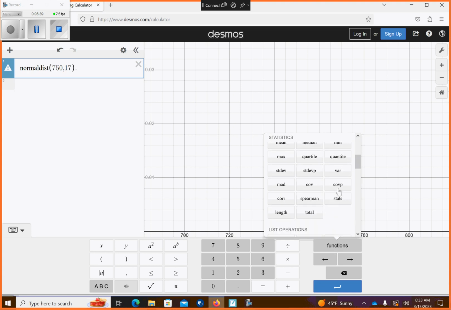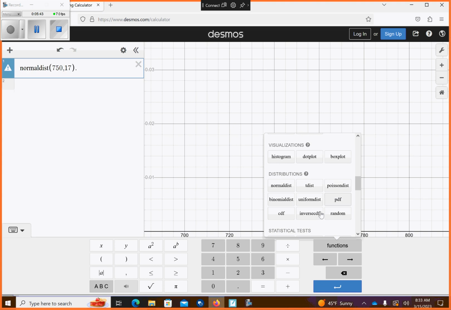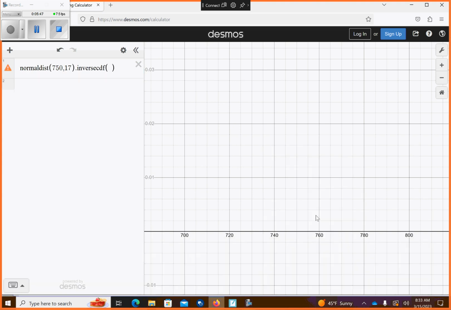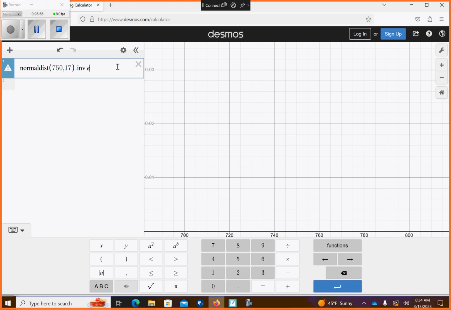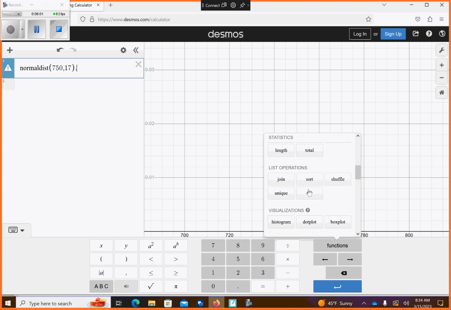Functions. And we're going to go to inverse CDF, I believe. Is it inverse CDF? I don't think it's inverse CDF. I'm sorry, I'm losing my mind on this stuff. I apologize. Let's see.